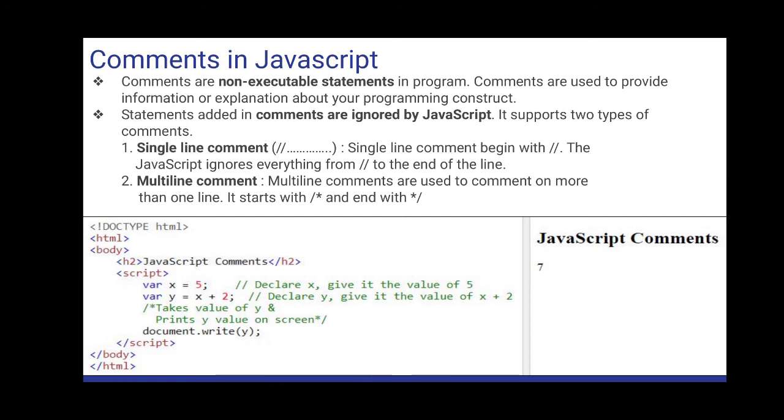Obviously, if x is 5 and y = x + 2, that means 5 + 2, which is 7. So this is how you get the value 7. After ending the script, you end the body tag and HTML. This is how comments are given in a JavaScript program.